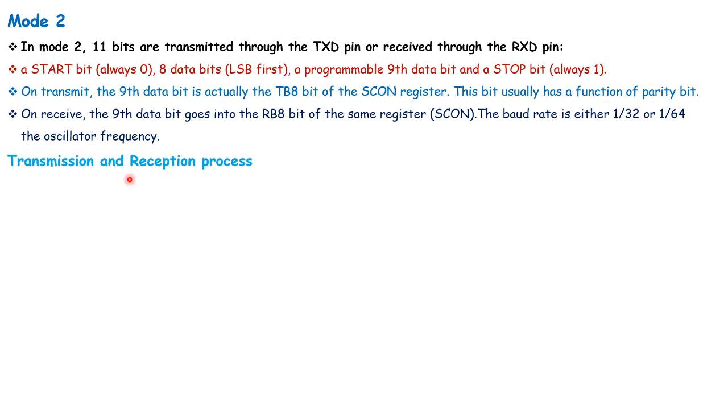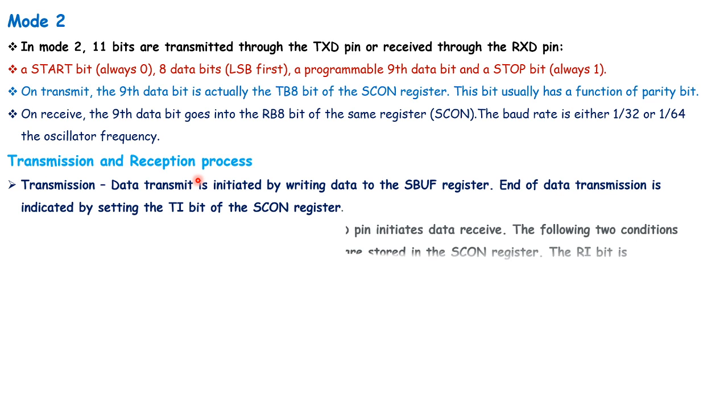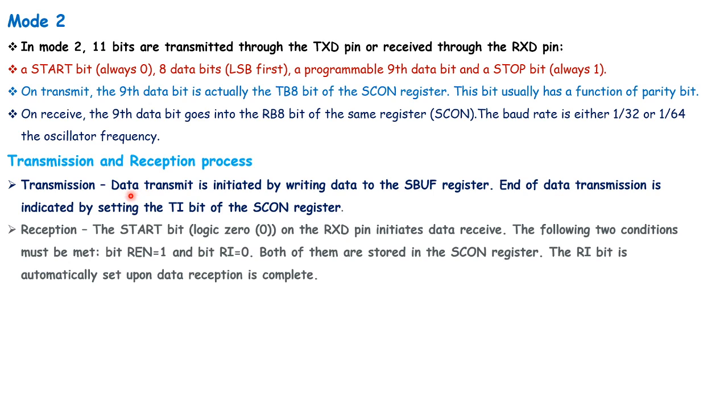Now how do the transmission and reception processes take place in mode 2? Transmission: data transmission is initiated by writing data to the buffer register, and the end of transmission is indicated by setting TI of the SCON register.